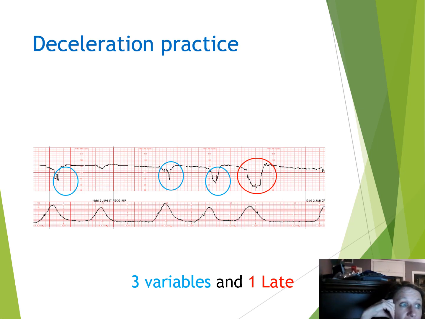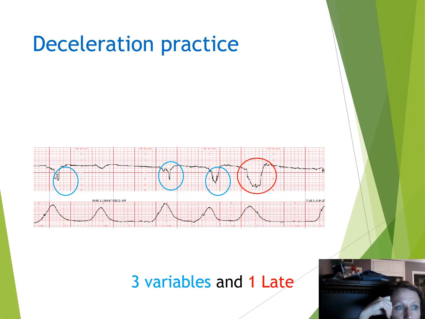And then do we see any accelerations? Definitely not. No accelerations. And then decels, I know it already tells you, but I want you guys to notice. So we see the 3 variables right there, right? The beginning ones, 3 variables. And then that last one is called a late. Now, why do we have a decel that looks probably kind of like a V to a lot of people, right? But it's called a late deceleration.